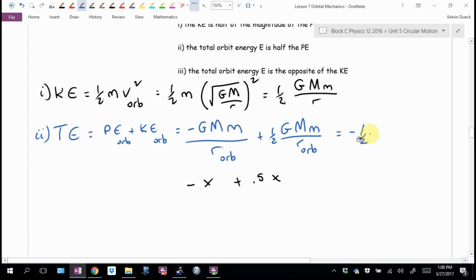Negative 1/2 big G, big M, little m over R orb. Kareem, can you read to me the statement for number 2, what we were trying to prove? Total orbit energy. Stop. There's the total orbit energy. Is what? Is half the potential. Yeah, it is. Huh. Okay, so I used that as a shortcut as well. I think I divided by 2 to find something for total.